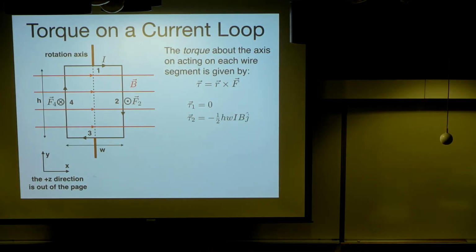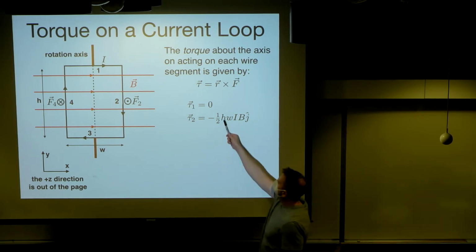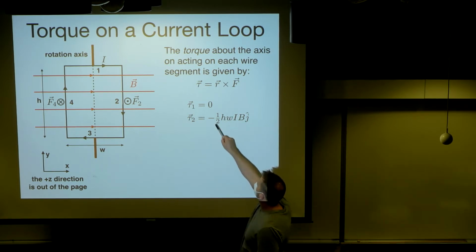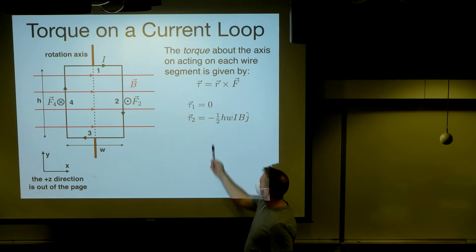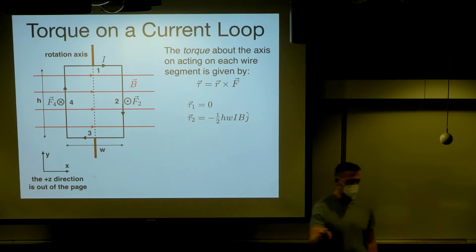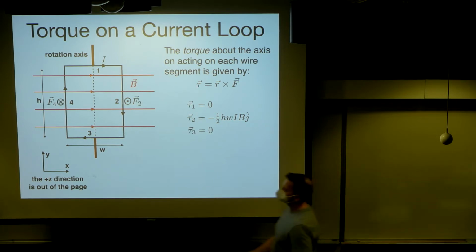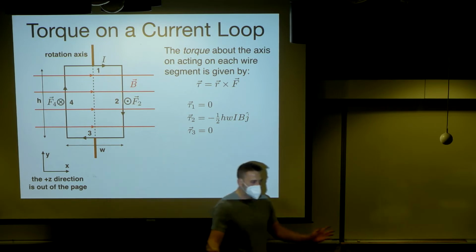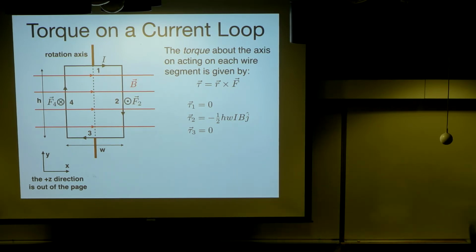So let's take a look. For torque 2, remember, half WHIB, but we're in the negative y direction, so we can put a minus j hat to indicate that, okay? For number 3, we have 0 torque, because this doesn't even have any force acting on it, so of course there's no torque there, right?